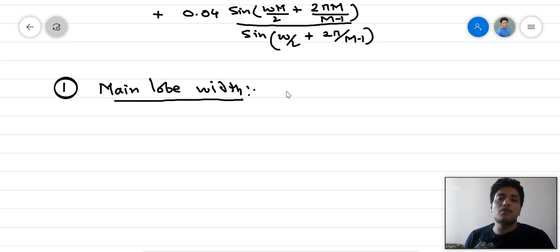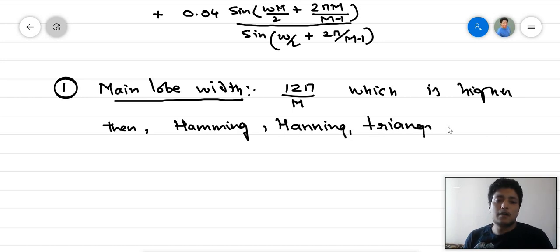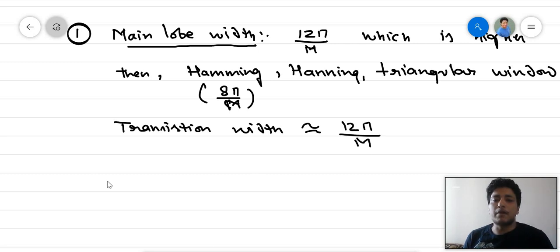In this case the main lobe width is 12 pi by M, which is higher than the Hanning and triangular windows of 8 pi by M. Transition width is also approximately equal to 12 pi by M for the Blackman window.